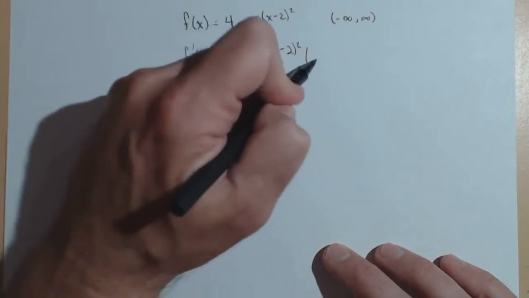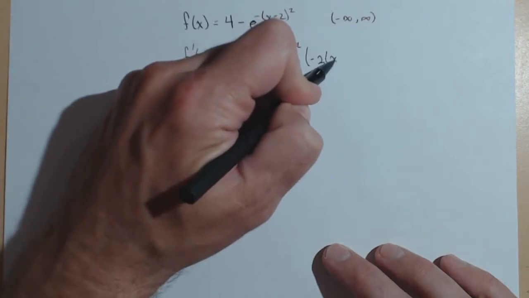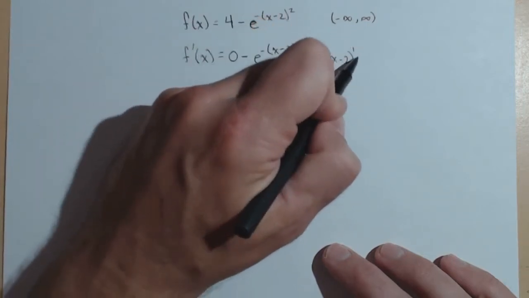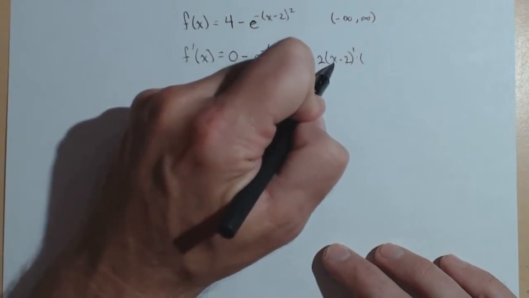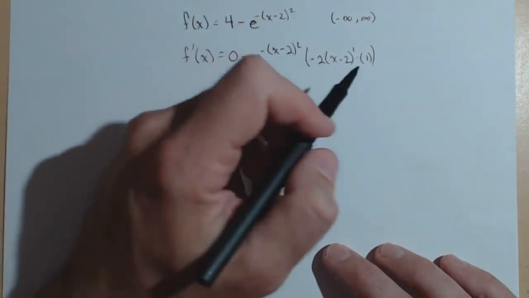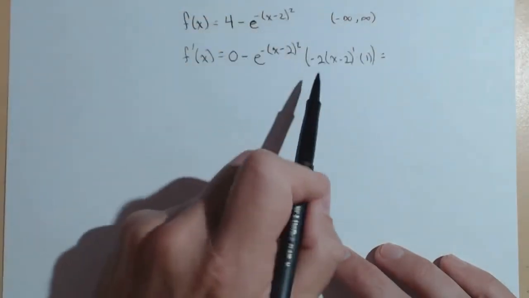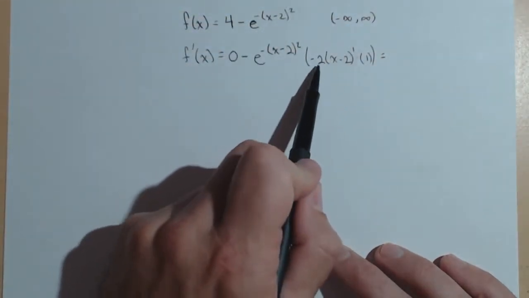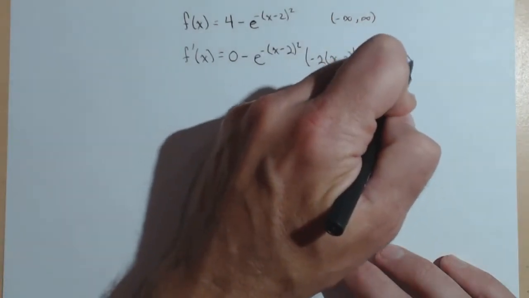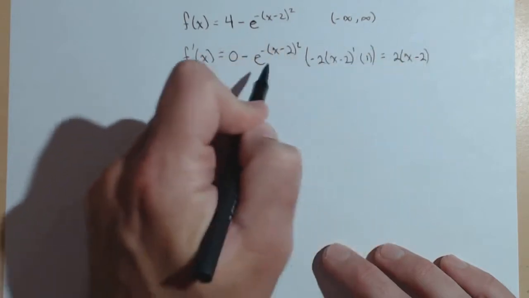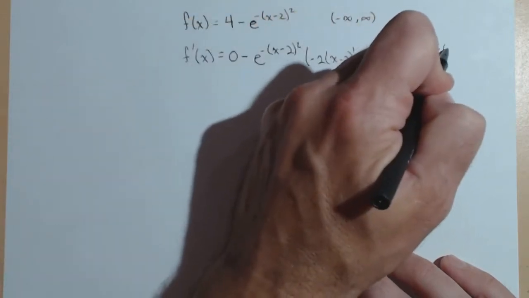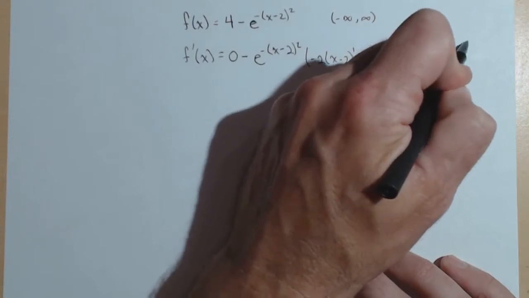So bringing that 2 down, we'll have a negative 2 times x minus 2, leave the inside alone, decrease the power by 1, multiplied by the derivative of the inside, which is just 1. So our derivative, let's clean this up a little bit. We got a negative times a negative, so that'll be positive. So we'll have 2 times (x minus 2), and then our exponential piece, e to the negative (x minus 2) squared.